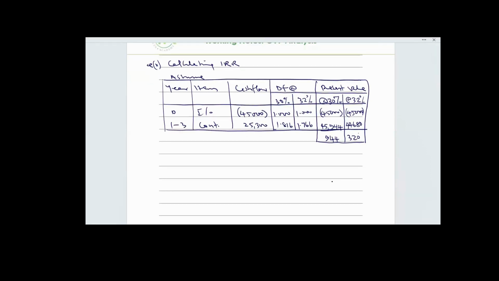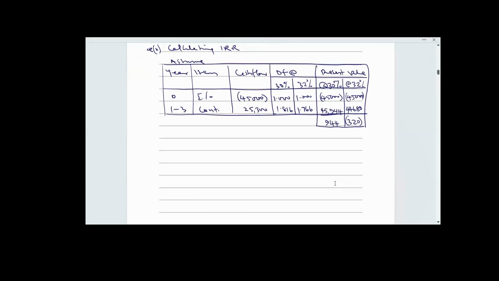This is negative. We assumed 30%, we have a positive NPV of 944,000. We assumed a higher discount rate of 32%, we got negative 320,000 naira. Therefore, at this point, we need to calculate IRR.